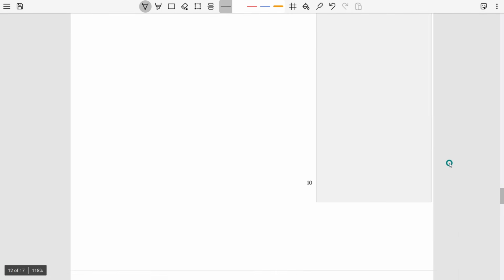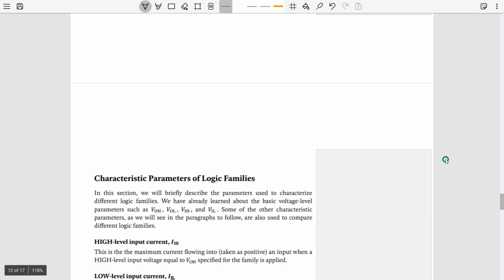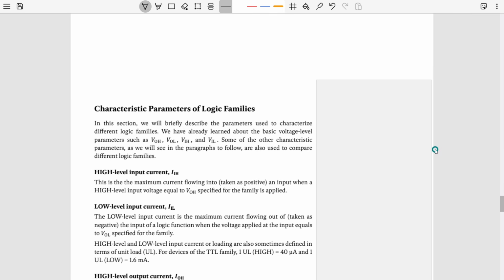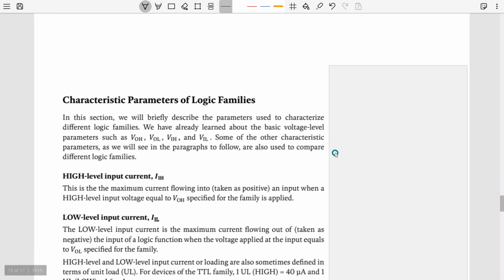Okay, then like this characteristics parameter, we have learned about 4 parameters: VOH, VOL, VIH, and VIL. There are other characteristics parameters which define how good or how bad a logic family is.